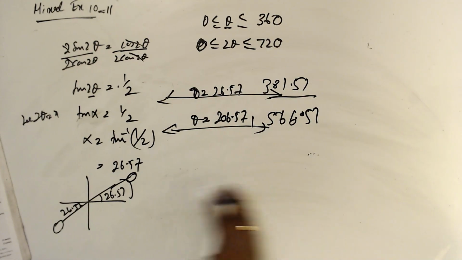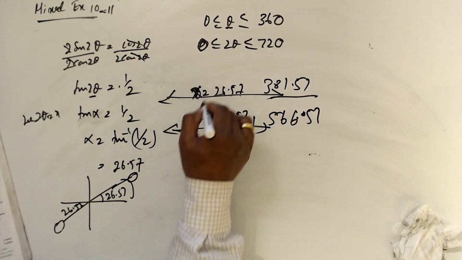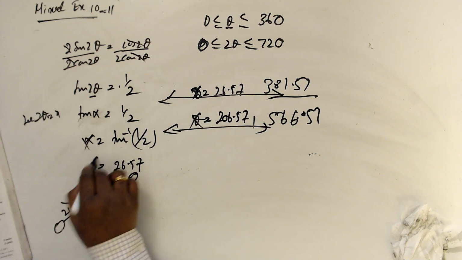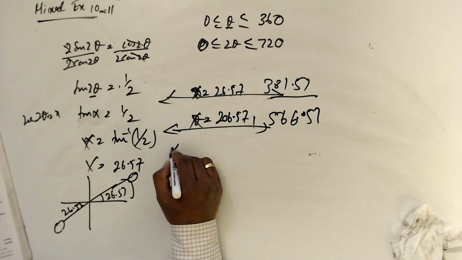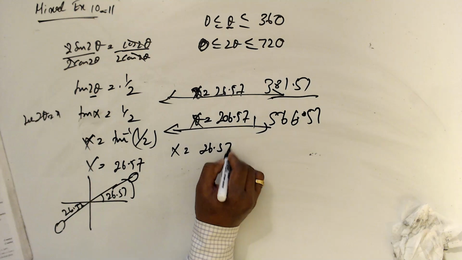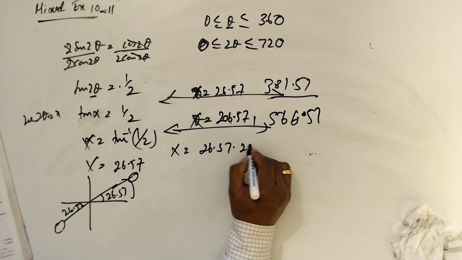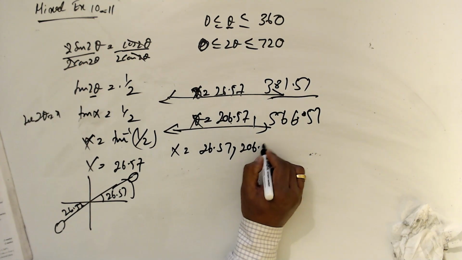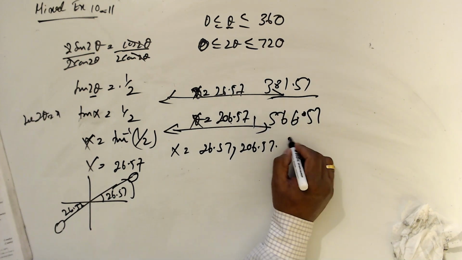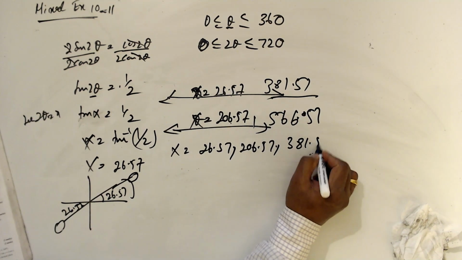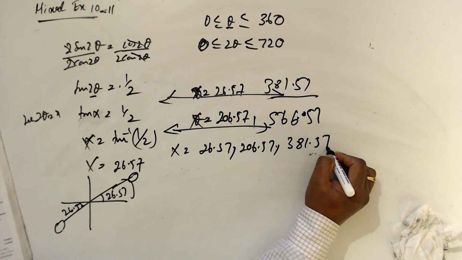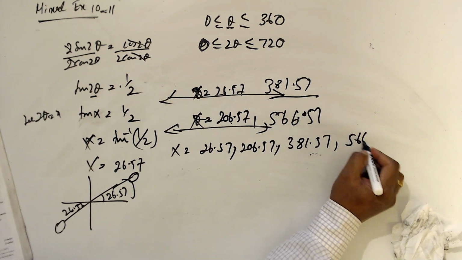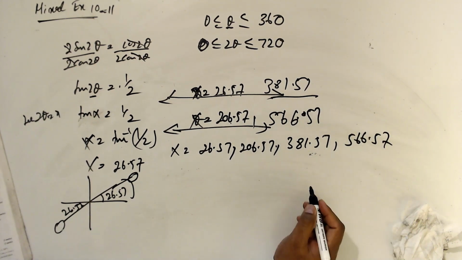So we have 4 angles. This is x equals 26.57, then 206.57, then 386.57 and 566.57.